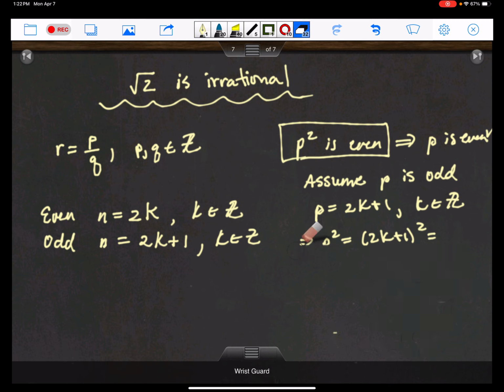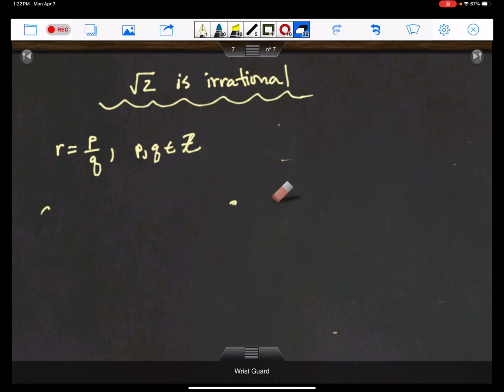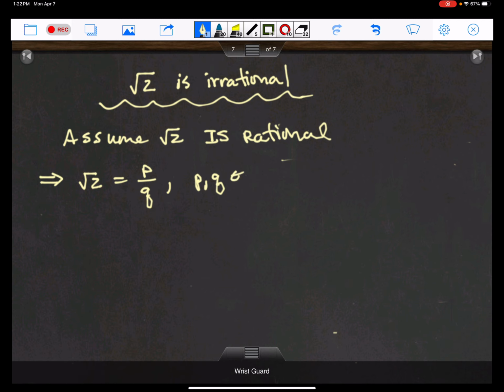Let's clear this off. We're going to do this proof also by contradiction. Our assumption is that the square root of 2 is rational, so it's not irrational. That assumption means the square root of 2 is equal to p over q, where p and q are integers.